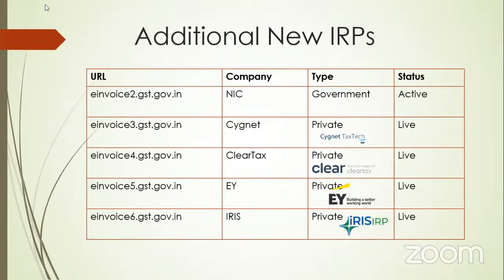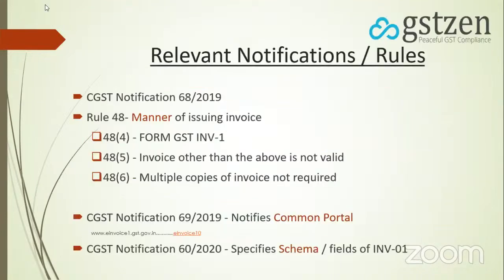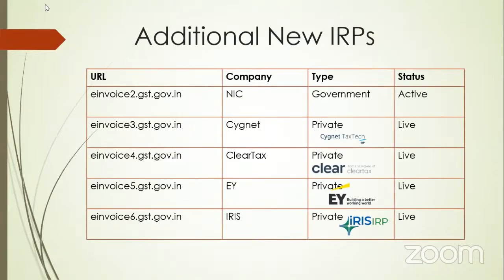E-invoice 3 is run by Signet, 4 by ClearTax, 5 by EY, and 6 by IRIS IRP. So you can register yourself on any of these portals to generate e-invoices. It is not mandatory that you go on einvoice1.gst.gov.in. You can register on any of the 6. Earlier there was only one. Now you have 6 options.